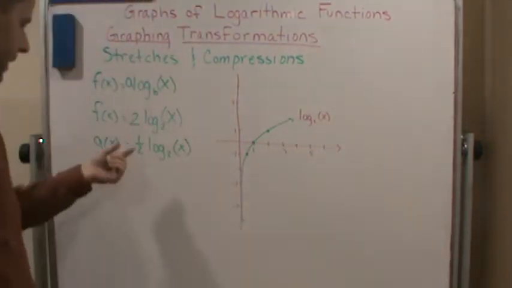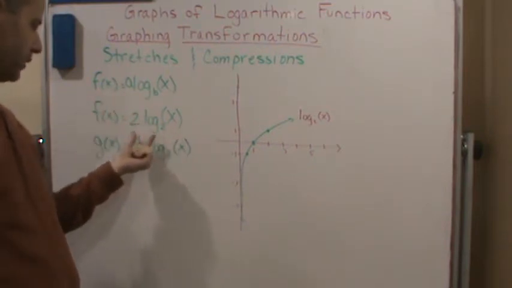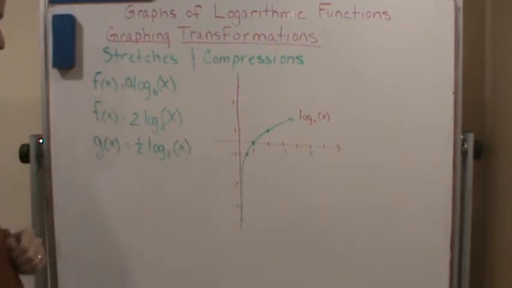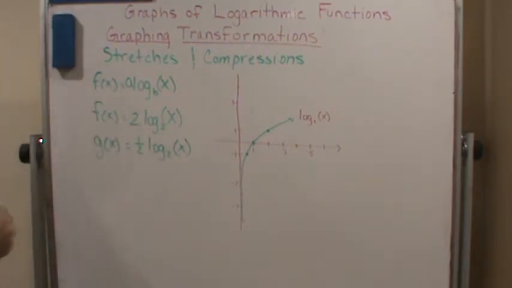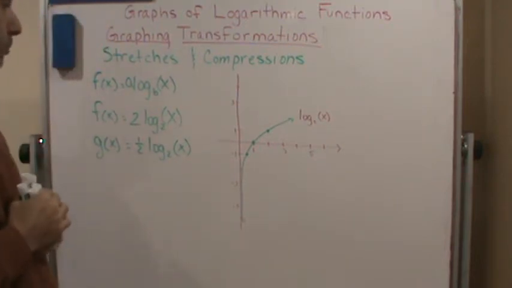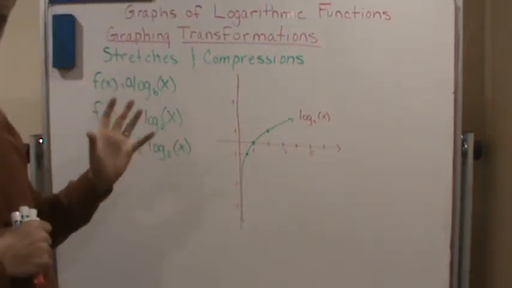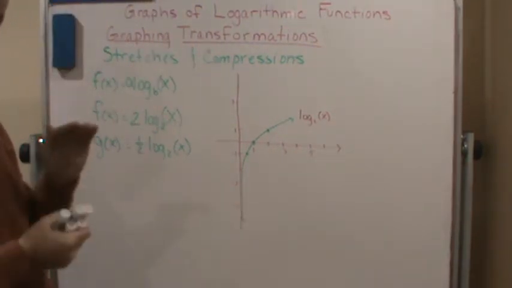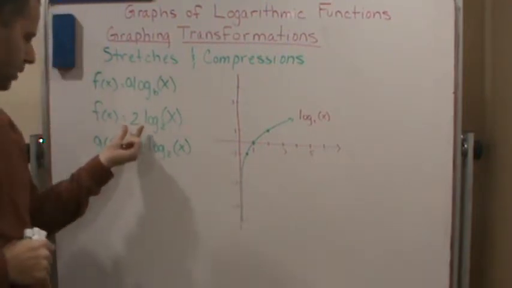Now what happens if I multiply this, basically I'm multiplying f of x by 2, right? I'm just multiplying all the y values, again it's outside the function, so I'm multiplying all the y values by this factor. So in this case here, I'm multiplying by 2.